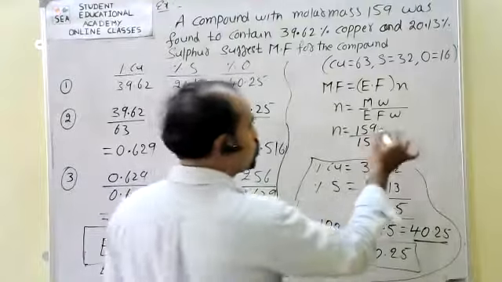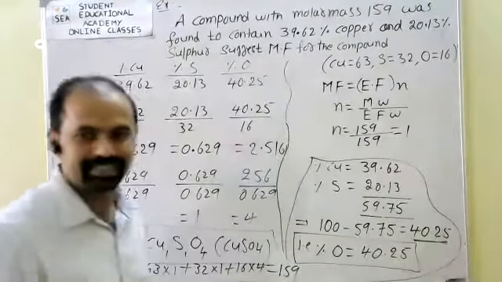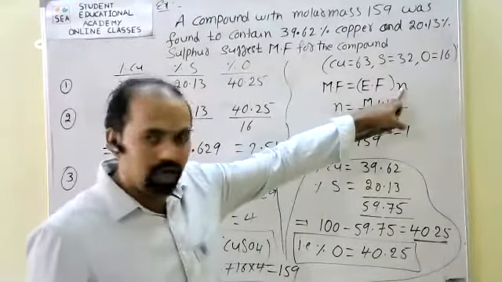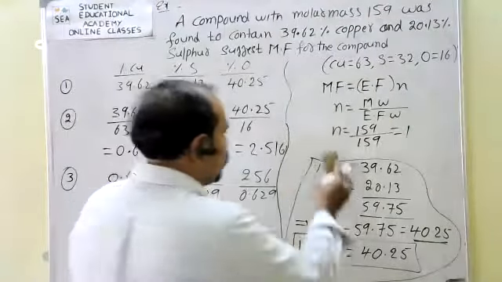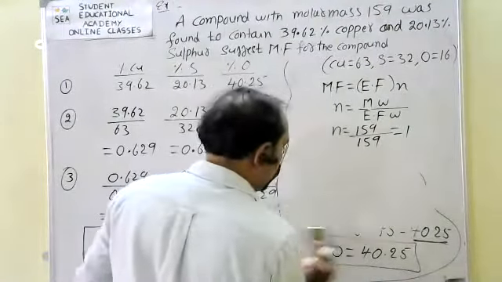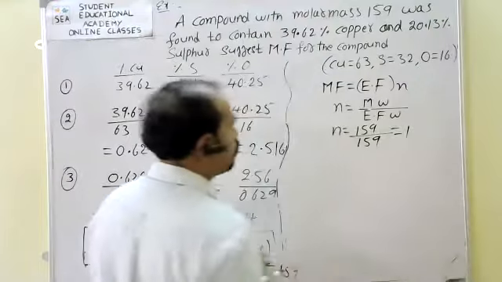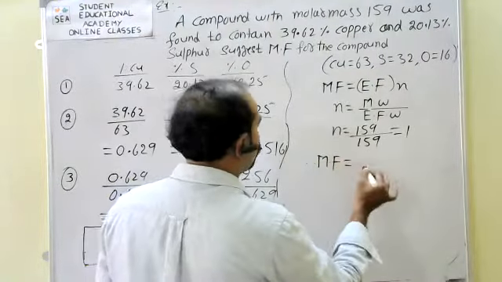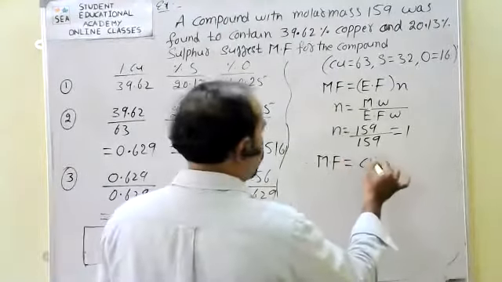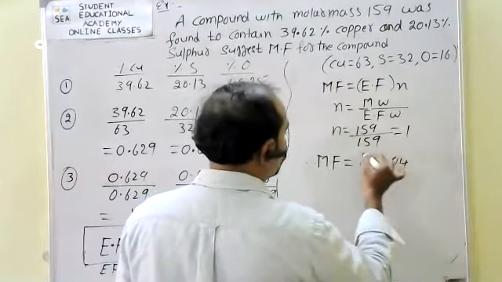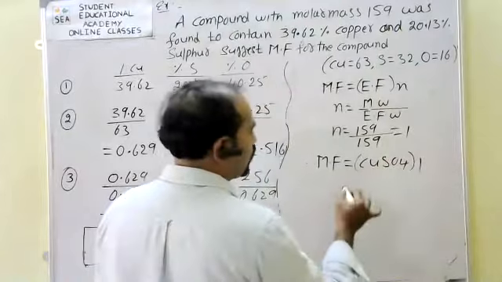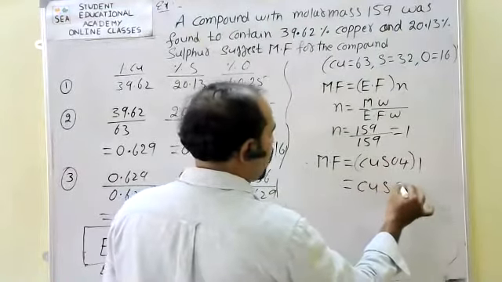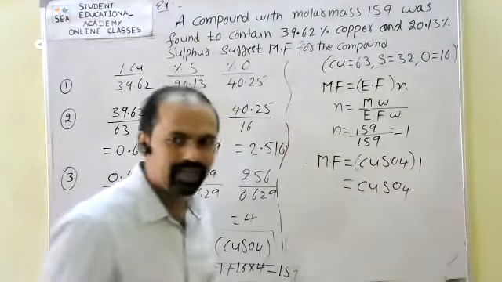That equals 1. Here n equals 1. Therefore, what about molecular formula? Molecular formula equals empirical formula CuSO4 into 1, that is equal to CuSO4 only.